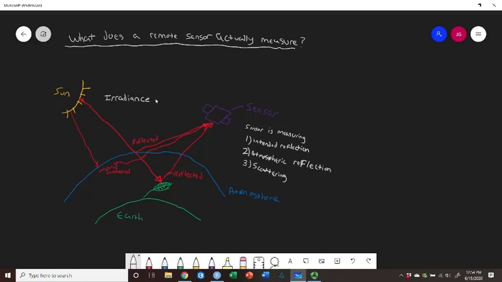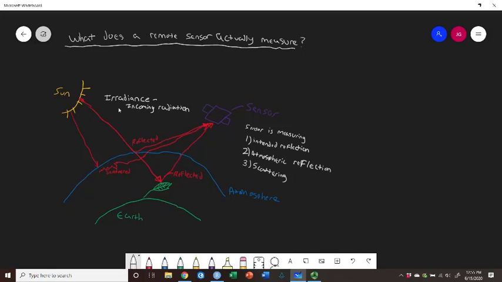Irradiance is incoming. So the way I like to think about it is IRR, irradiance, is incoming, IN. So IR, IN, the eyes match up. Irradiance is incoming radiation.